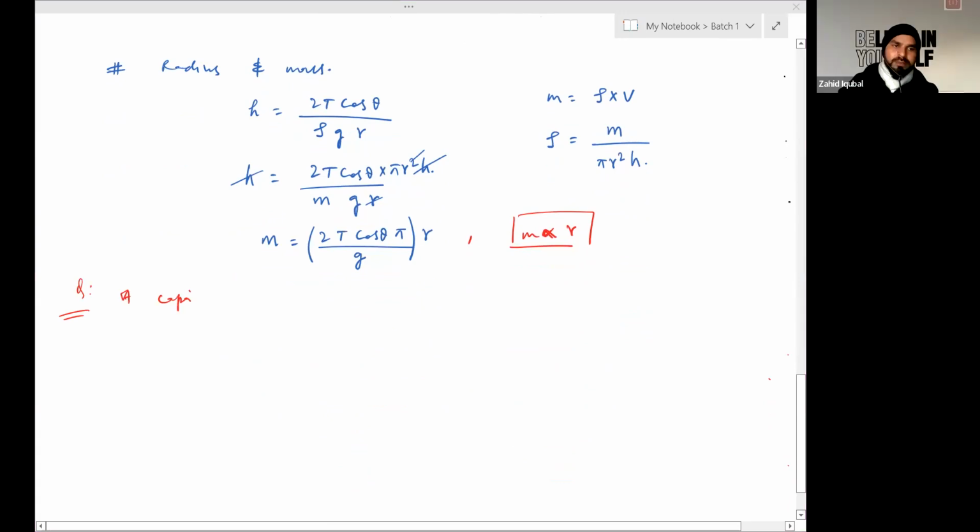In this part, there will be a question. A capillary tube of radius r having liquid of mass 5 gram.